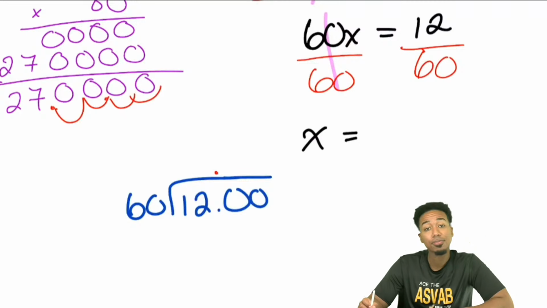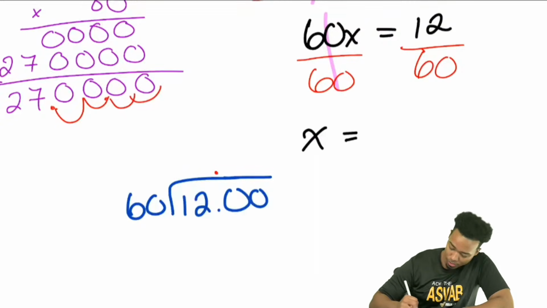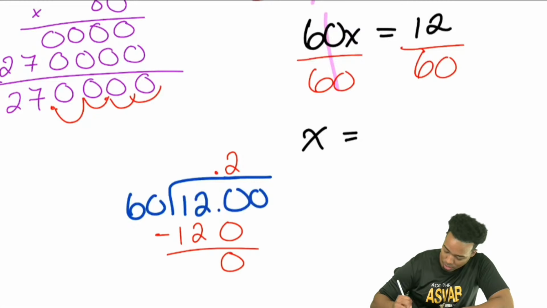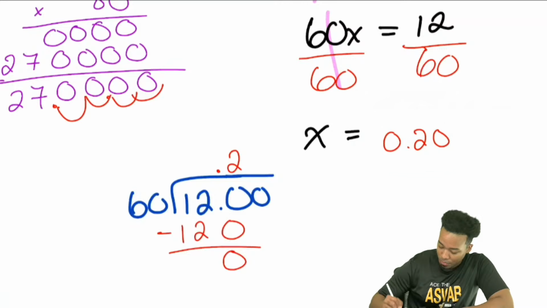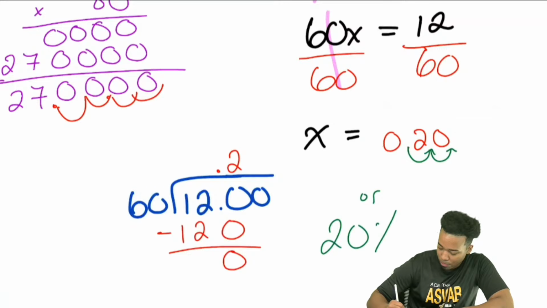How many times? Exactly, 2 times. The 120 disappears. So we have 0.20. And as a percent, when we convert it back, that would be 20%.